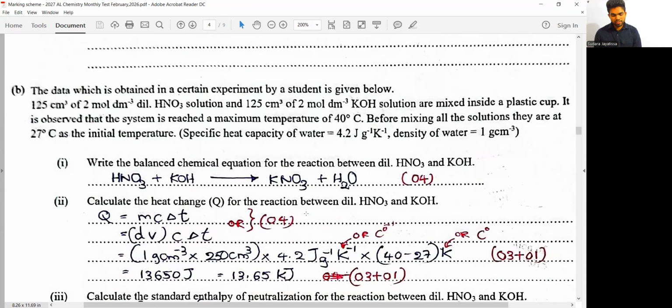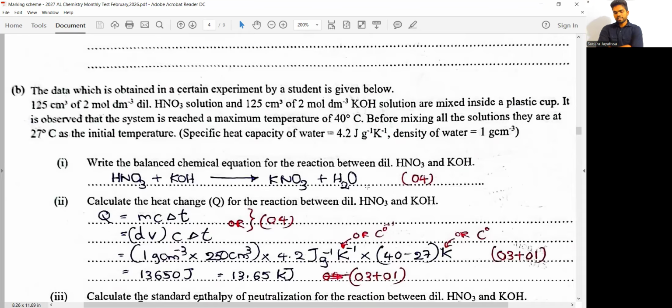They have not given the mass directly. You have to find the mass using the volume and the density given. The density is for water, so you choose the volume of the solution. Then it gives you 250 grams, but make sure you show that separately. And then the specific heat capacity of water, and then the temperature difference.